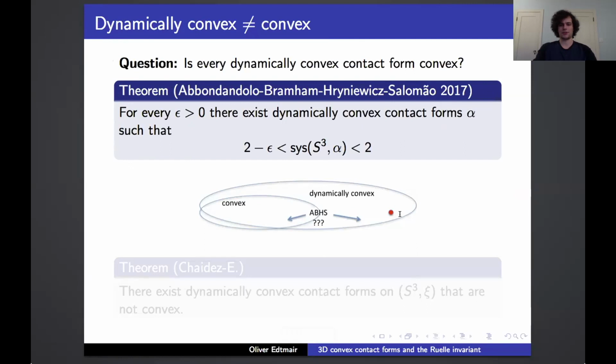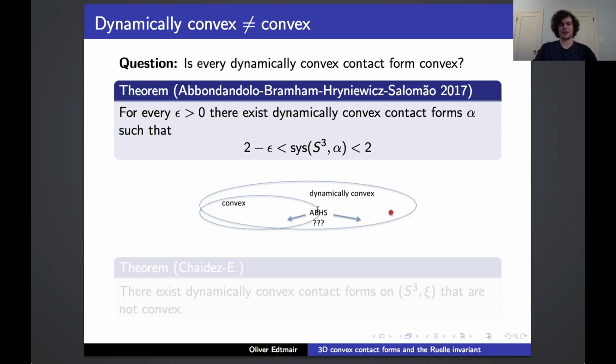Let me illustrate the situation in a diagram. We have dynamically convex contact forms and convex ones. There are the non-strictly positively curved ones that are outside of the dynamically convex region, but most convex ones are dynamically convex. And then we have this ABHS contact form. Now there are two options.